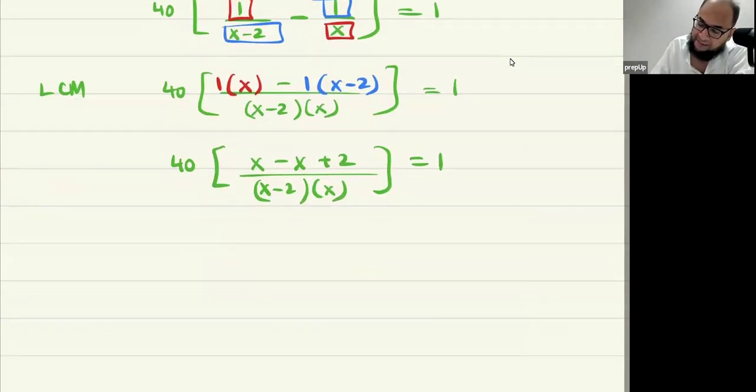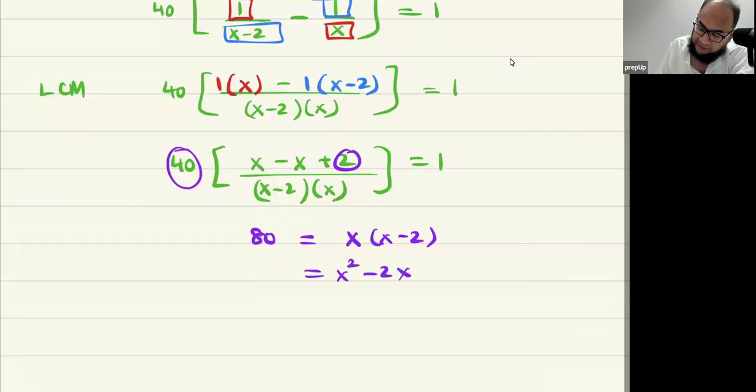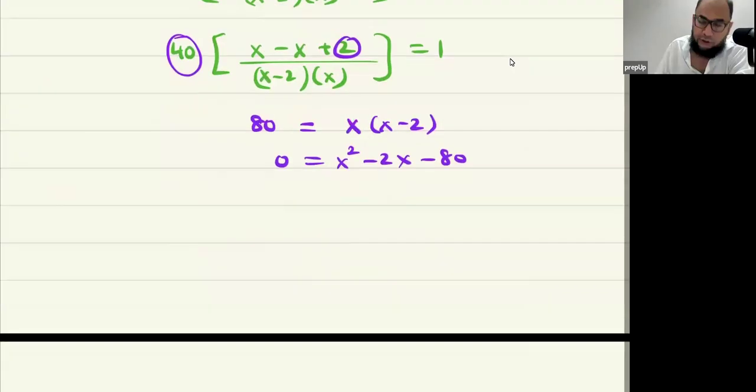So the x's cancel out. This 40 into 2, that is 80. That is equals to x minus 2, that is x square minus 2x minus 80 equals to 0. So 1 into 80 is 80, and what are the factors? 8 and 10.